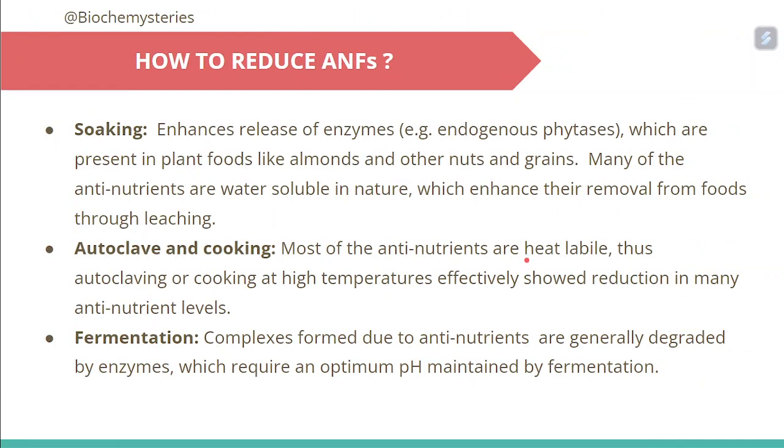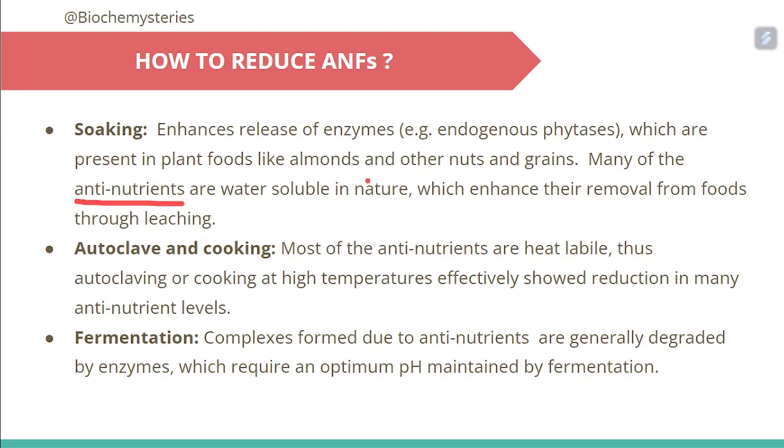Now, if we talk of how to reduce these anti-nutritional factors, some methods are soaking, autoclaving or cooking, fermentation, and germination. Soaking, as we already know, what will it do? These anti-nutrients form complexes which are water soluble.